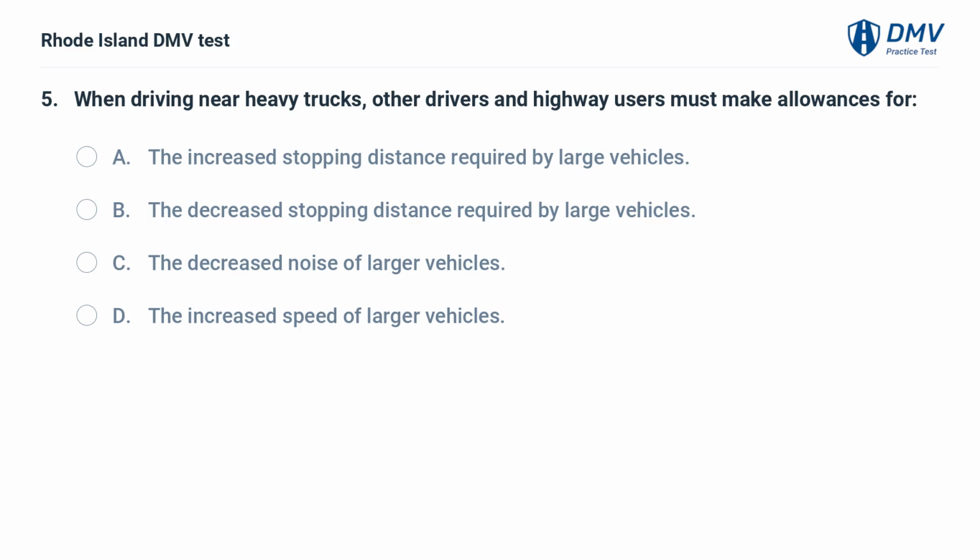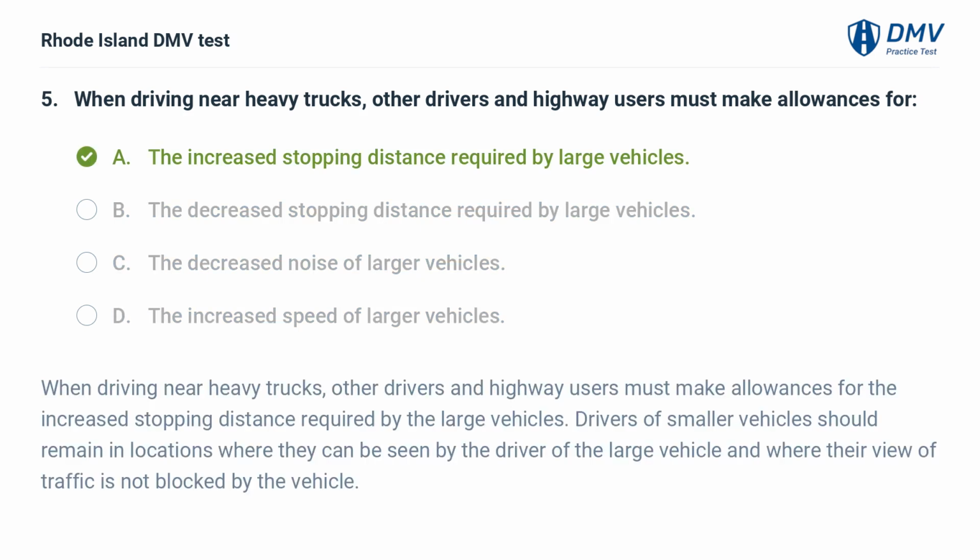When driving near heavy trucks, other drivers and highway users must make allowances for A. The increased stopping distance required by large vehicles. B. The decreased stopping distance required by large vehicles. C. The decreased noise of larger vehicles. D. The increased speed of larger vehicles.